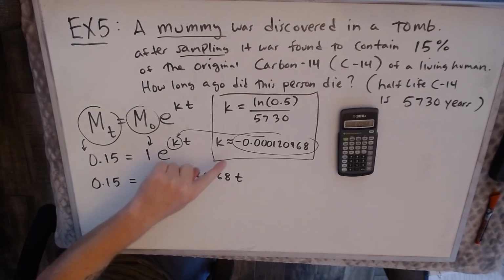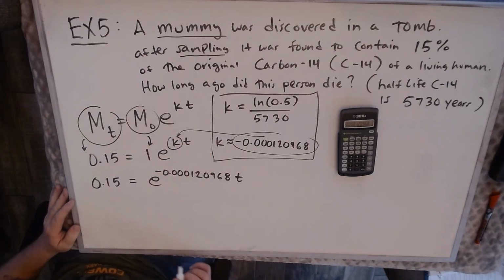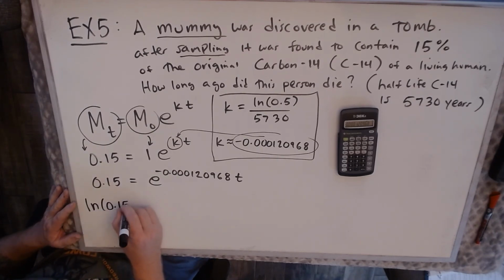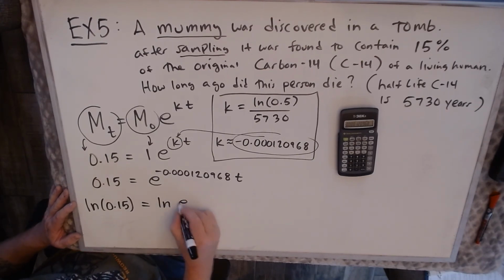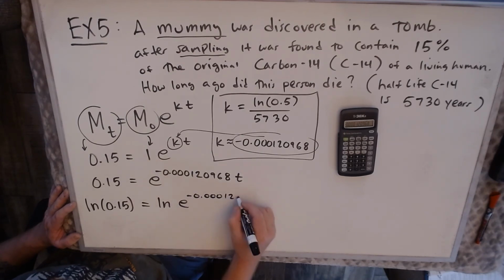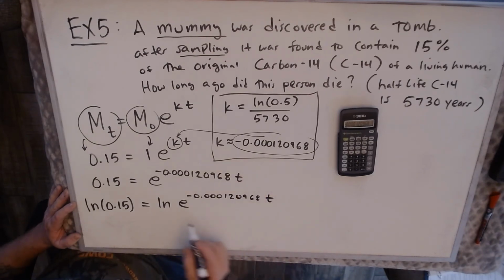The only difference between growth and decay is whether or not the exponent is negative. We're going to take the ln of both sides. I probably don't have to show this step, but I'll do it anyway because I've got some space. The ln and the e are going to cancel. I could have just jumped right to this step.